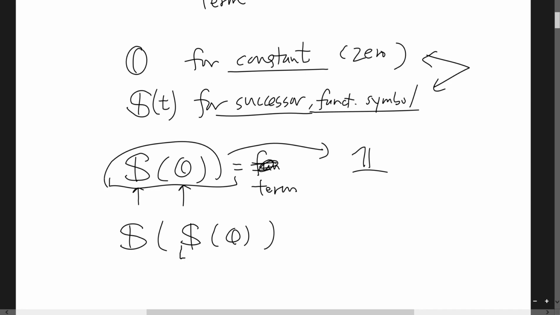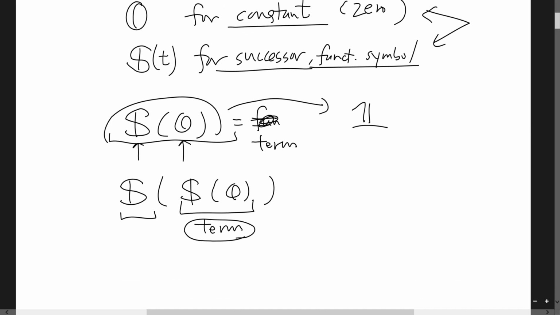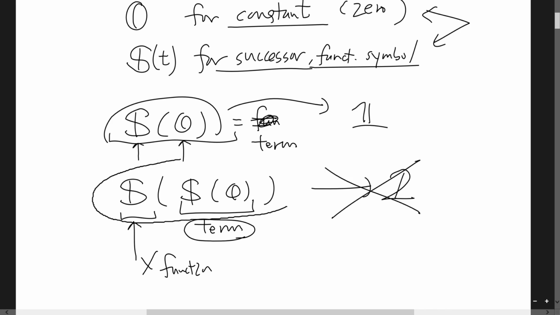This is a term, and now the function symbol s has been applied to this term. Remember that s is not a function, so you don't reduce it to, for example, another constant like 2, because this expression itself represents a term. So you don't further reduce it.